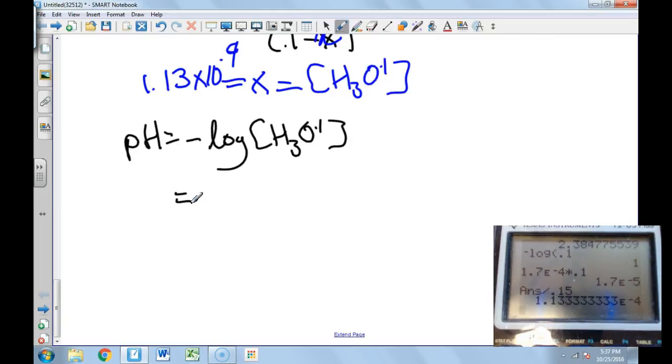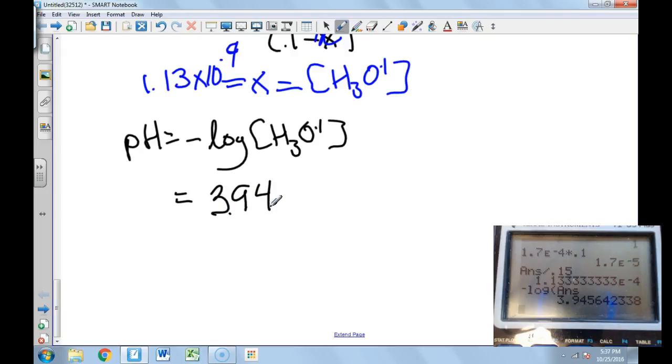And so we do negative log of that answer, and we get 3.94. Oh, we have to round up, so 3.95. Okay, great. So that's our pH for part C.